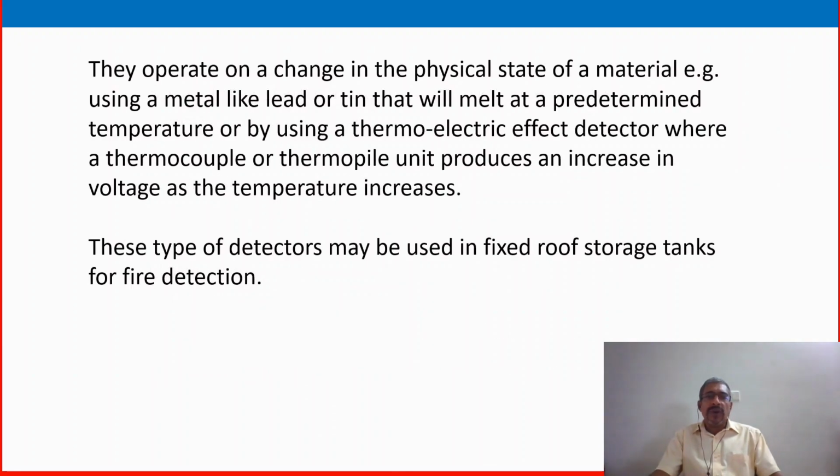They operate on a change in the physical state of a material, for example a metal like lead or tin that will melt at a predetermined temperature, or a thermoelectric detector where a thermocouple or thermopile unit produces an increase in voltage as the temperature increases. These types of detectors may be used in fixed roof storage tanks for fire detection.